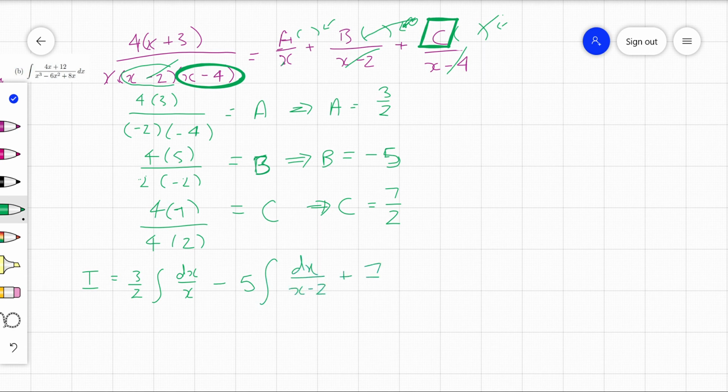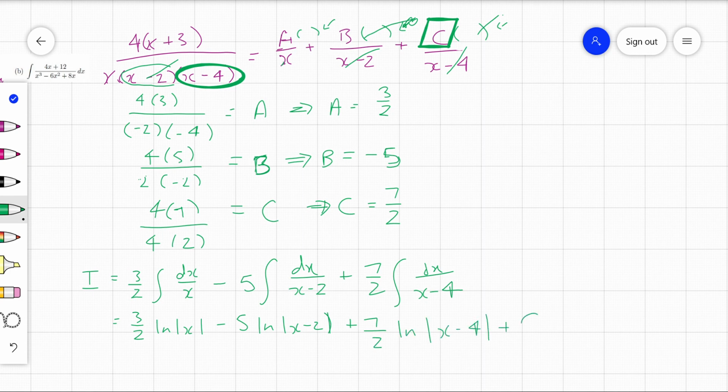And let's put the 7 on 2 at the front, so we're left with dx on x minus 4. That should be a little bit easier then. So now we've got 3 on 2 log of x, minus 5 log of x minus 2, plus 7 on 2 log of x minus 4, plus C.